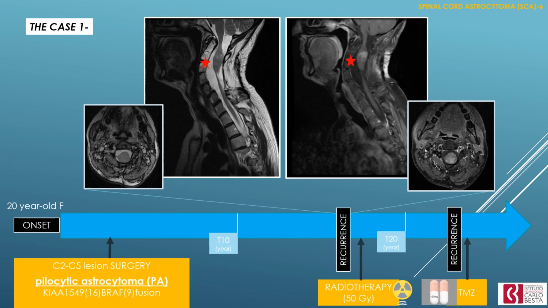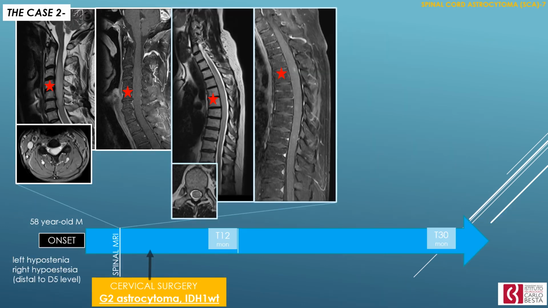She underwent regular follow-up for 17 years with stability of the disease. After 17 years, there was a recurrence and she was treated with radiotherapy, and 5 years later she got another local recurrence and we started treatment with temozolomide.